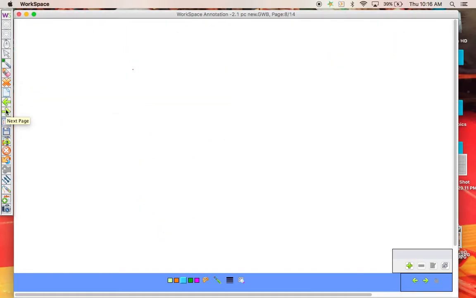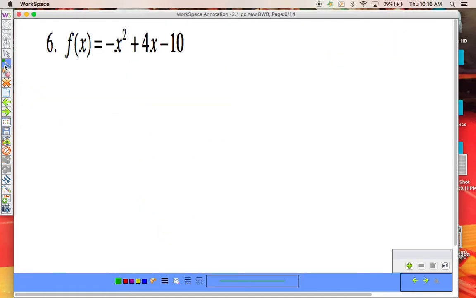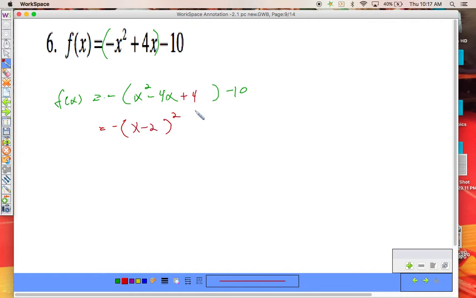Let's do one more. F of x equals a negative x squared plus 4x minus 10. I'm going to factor out that negative sign. I'm going to put negative my parentheses squared, half my middle squared is plus 4.